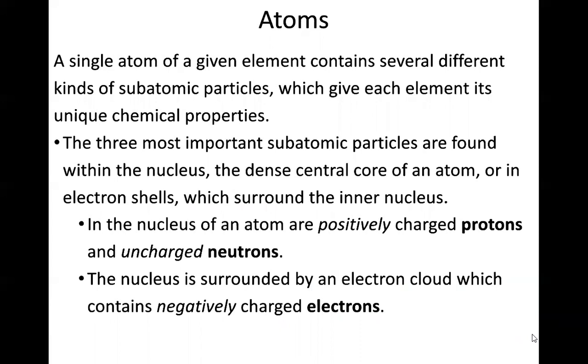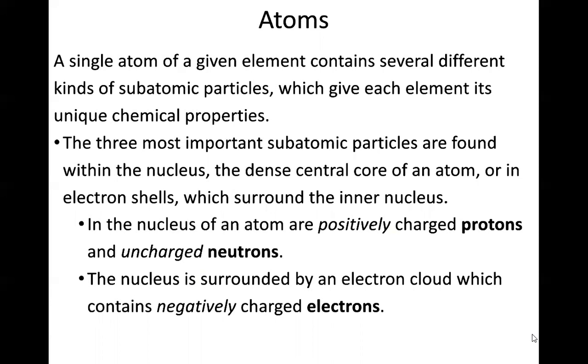It's not positive or negative. It's 0. Okay, you can say -0, same thing. It's just 0, no charge for neutrons. And then electrons are negatively charged. Each electron represents a -1 charge.